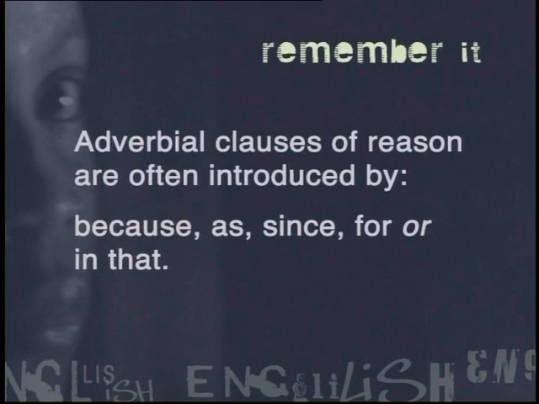Here are some words that often begin adverbial clauses of reason. Look out for words like because, as, since, for, in that. But hey, we've got one more kind of adverbial clause to do. This time we are going to look for an adverbial clause of condition.